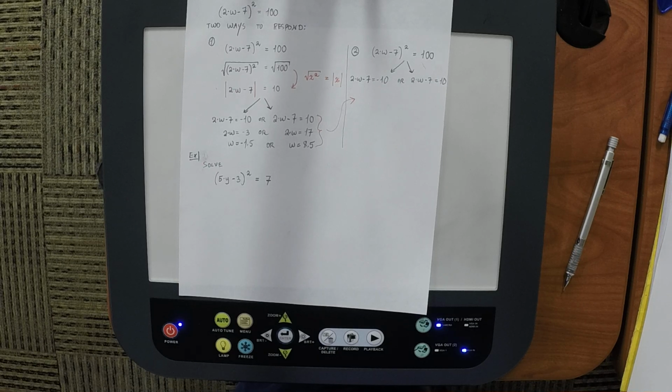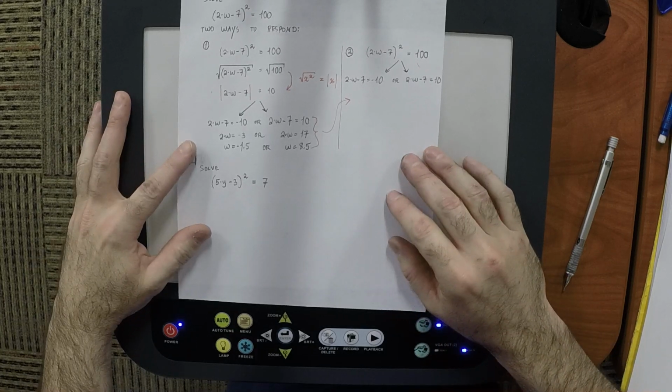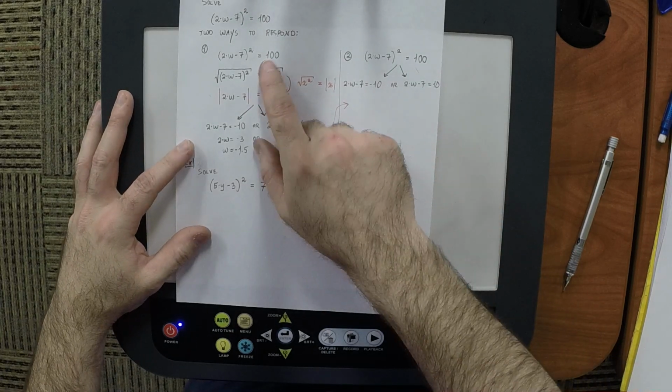So this one always gives pause. Makes students take a pause and say, I'm not comfortable with this. Right? You still have to take the square root of both sides, right? You can do it that way. It's fine.